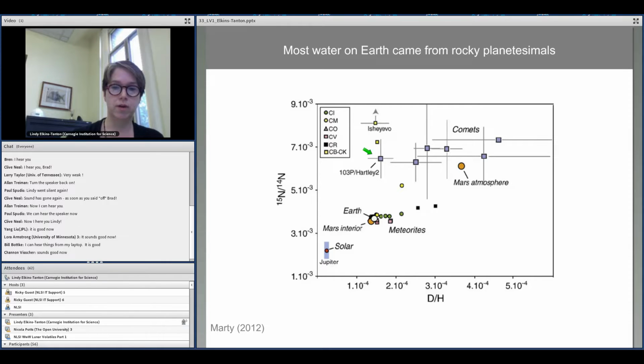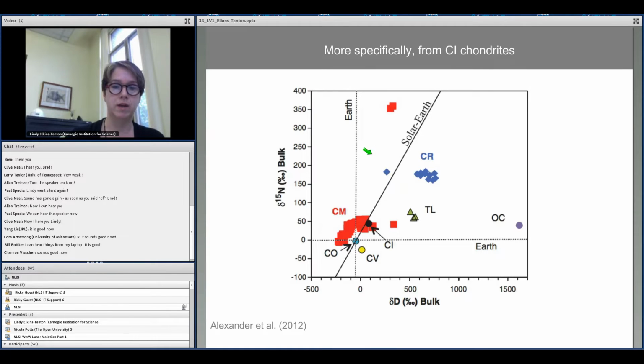And so the point here is that Earth's water and other volatiles are best matched by rocky meteorites and not by comets. And so the same axes here on Alexander et al. 2012, with the dashed lines up and down and sideways showing the situation for the Earth value right here in blue.